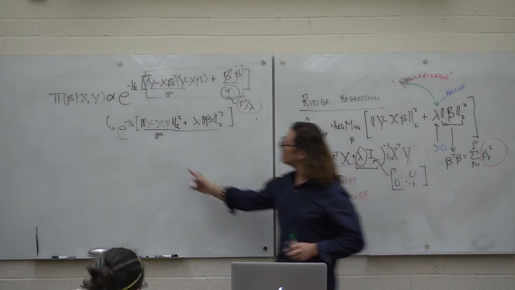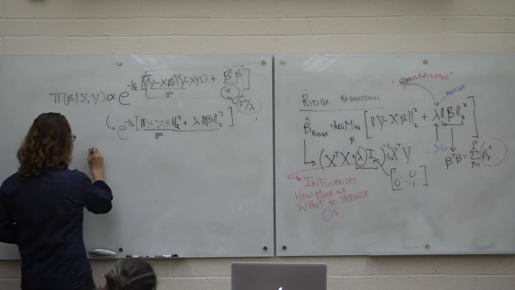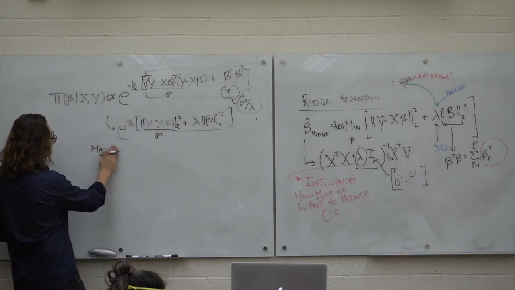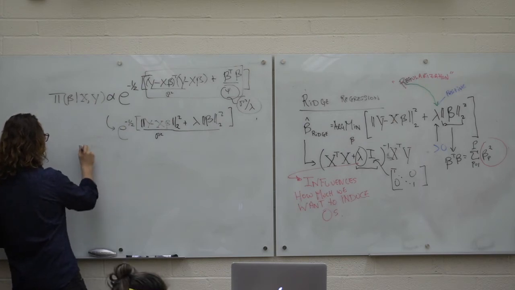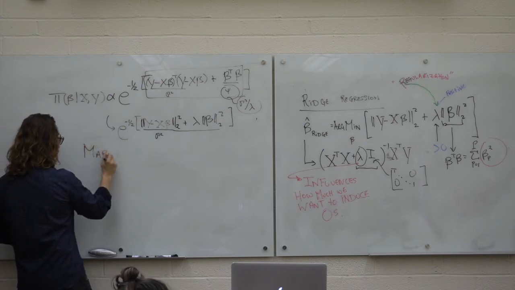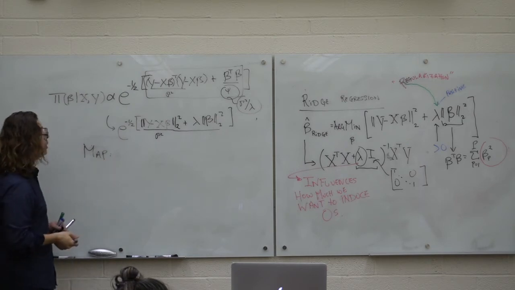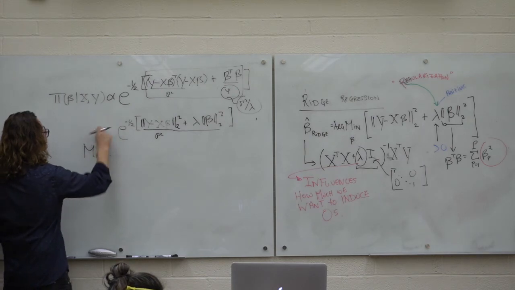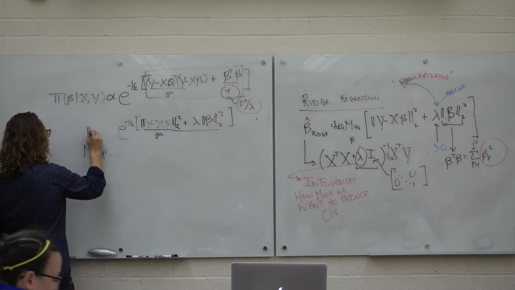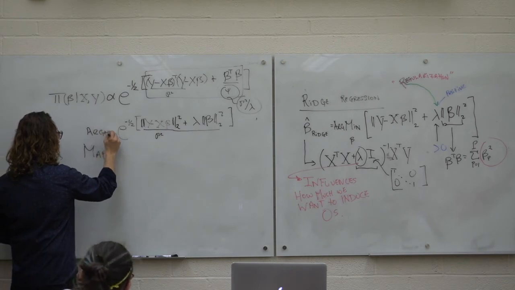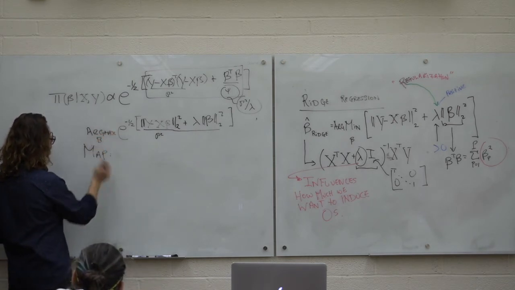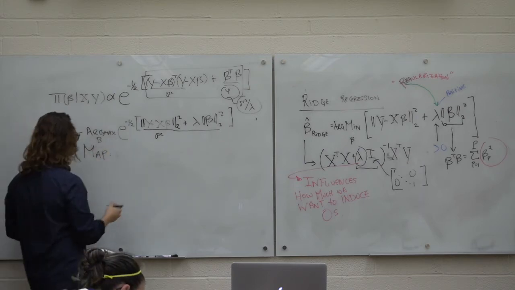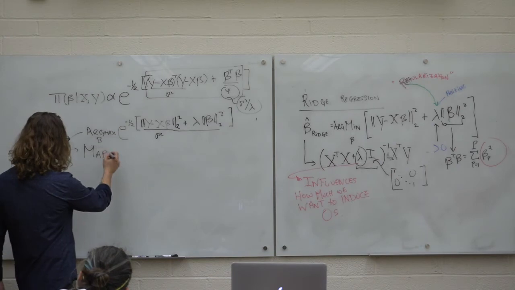And so maximizing this function, looking at our MAP estimator, the maximum a posteriori estimator, when I maximize this, arg max over beta gives us the MAP for this: likelihood times prior, maximize it, maximum a posteriori.